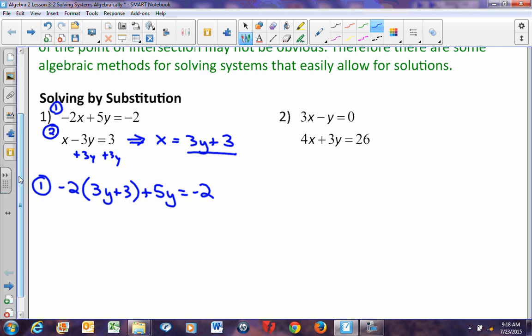Now all of this is in terms of y, and I can solve for y just like a normal equation. So I would get -6y minus 6 plus 5y equals -2. If I simplify -6y and positive 5y, that is -y minus 6 equals -2.